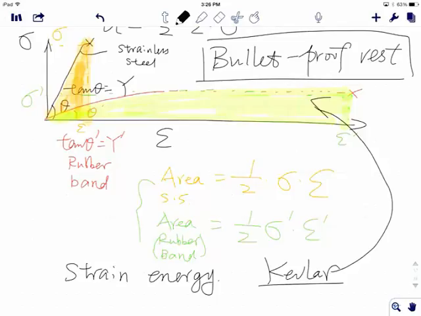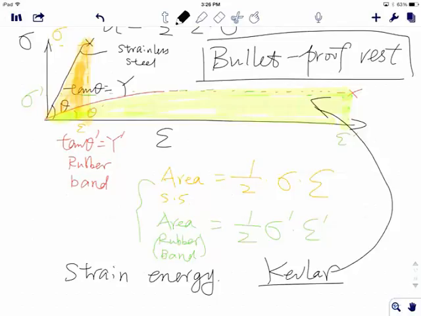So the strain energy is a measure of how much energy it can store without failure. Although stainless steel or other brittle materials have high Young's modulus, they have very limited ultimate strain. So the area underneath, the orange, is way less than the yellow. This is the concept of strain energy.